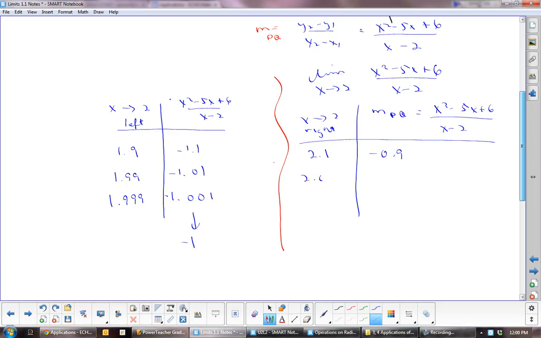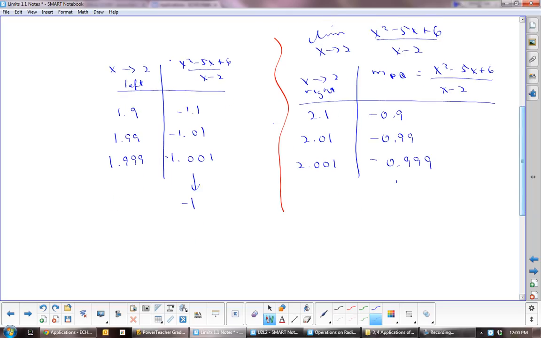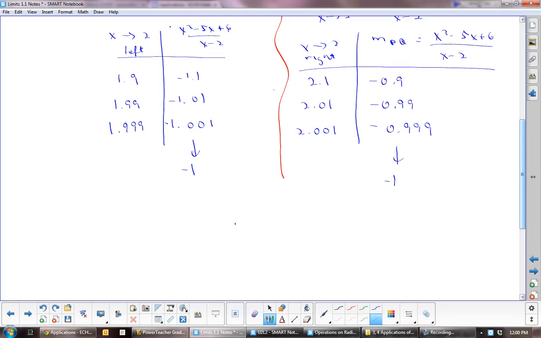If you put 2.01 in there, you get negative 0.99. If you put 2.001 in there, you get negative 0.999. Okay? So this starts to approach negative 1. So the limit as x approaches 2 of x squared minus 5x plus 6 all over x minus 2 equals negative 1. Okay? Now, this is really doing limits to its basics.